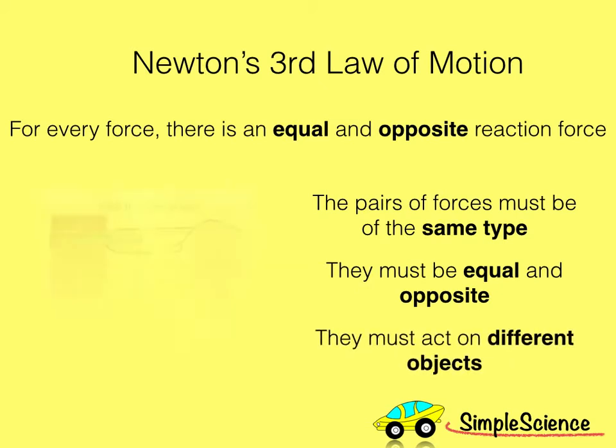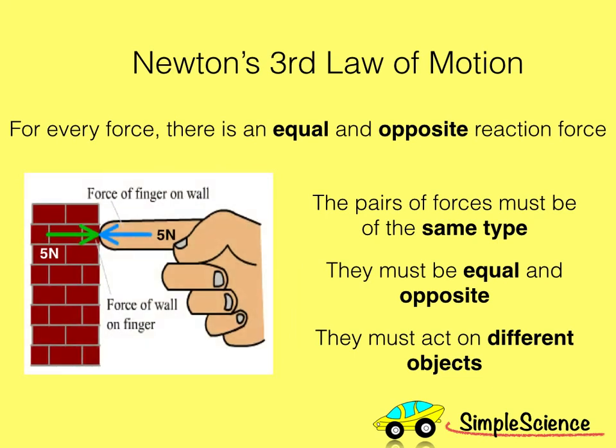Okay, for example, looking at this diagram, this finger is pushing onto a wall. And if you were to look at an atomic scale, the force which the finger applies to the wall is an electromagnetic force between the electrons of the finger and the electrons of the wall. So let's just call it an electromagnetic force, or you could call it an impulse force.